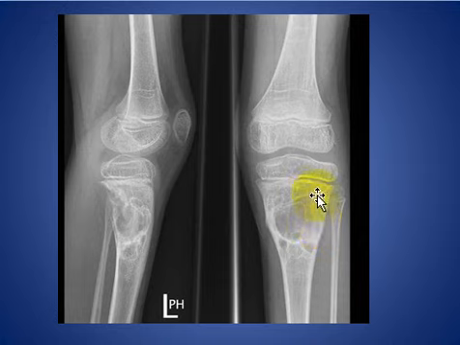Here we see bone lesion involving the metaphysis of the upper tibia, multiloculated with no zone of transition and expansile with septation, and this is a classic, most likely representing aneurysmal bone cyst.